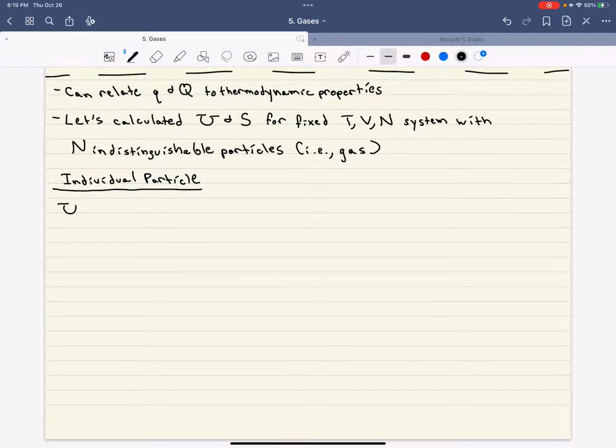The internal energy, as we derived previously, we can relate to the probability via this equation, where epsilon is the energy of the ith level in our system. For the probability, we can rewrite it in terms of the partition function.